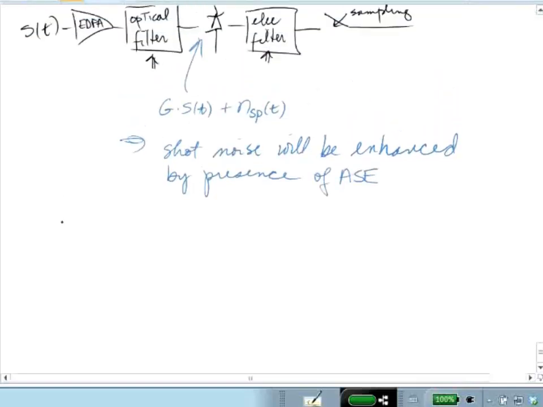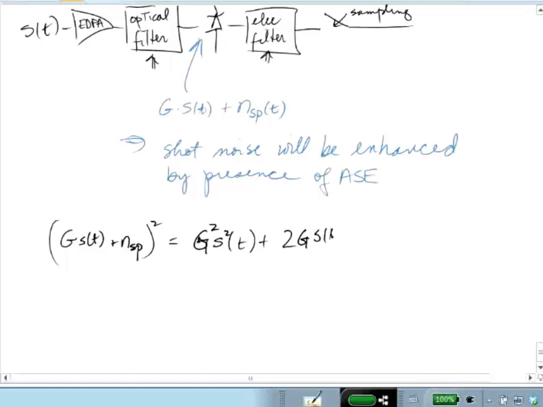So what happens here is we have G S of t plus N_SP, squared, and that's going to give us G squared S squared of t plus 2G S of t times the spontaneous emission of t plus N_SP squared of t.